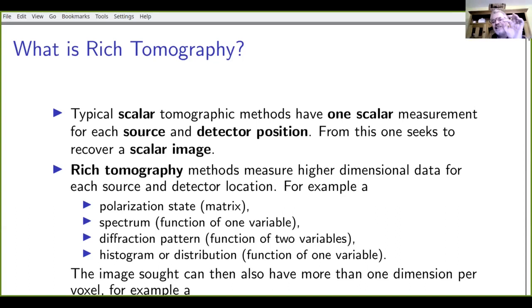If source, detector, you've got a ray, whole function, right? A diffraction pattern, which is a two-dimensional spectrum, really a function of two variables. Or sometimes you get a histogram. So you actually get a measurement of the distribution of something along that ray. So it's surprisingly common, histogram tomography. Yeah, it's a function of one variable.